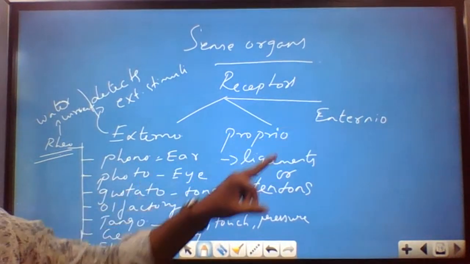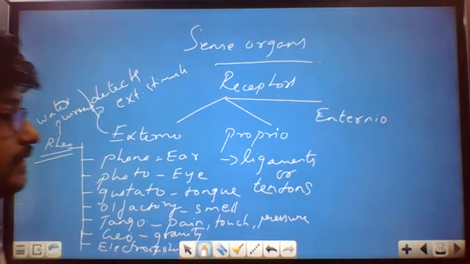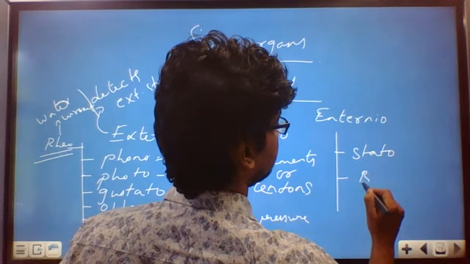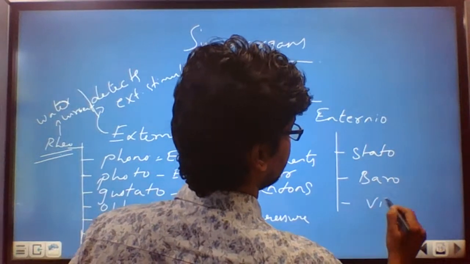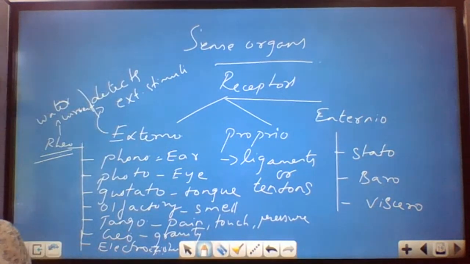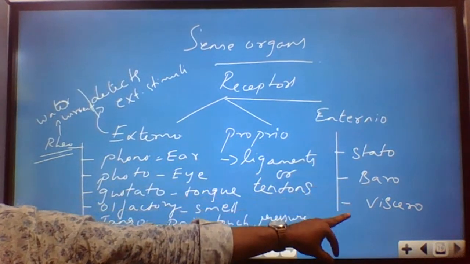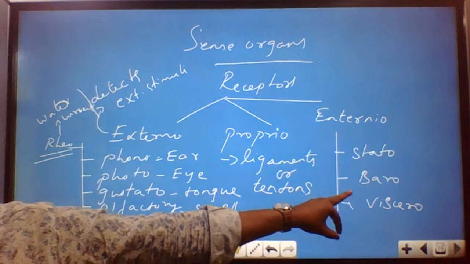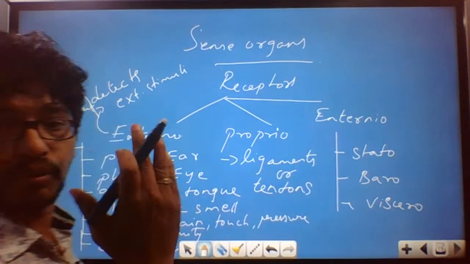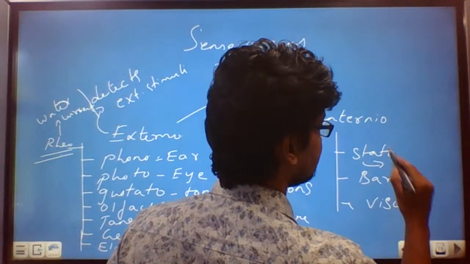Interoreceptors include statoreceptors, baroreceptors, and visceroreceptors. Statoreceptors relate to posture, how your body posture is maintained.